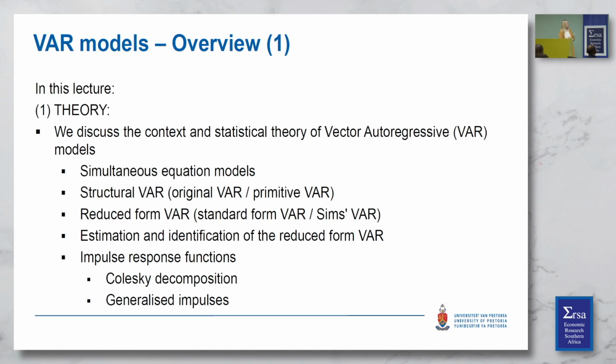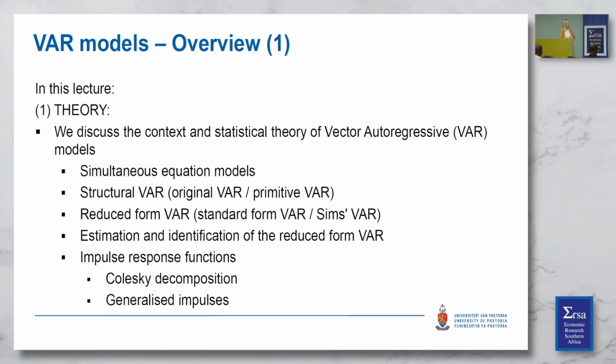And reduced form VAR is what typically, if we talk about VARs, we will talk about: the reduced form, or the Sims VAR after Christopher Sims, who suggested this type of modeling. This is, as you can see, also the standard VAR. The reduced form VAR is derived from the original or the structural VAR.